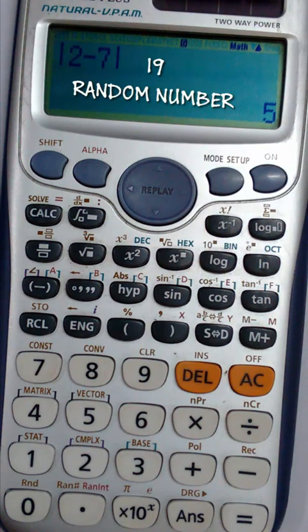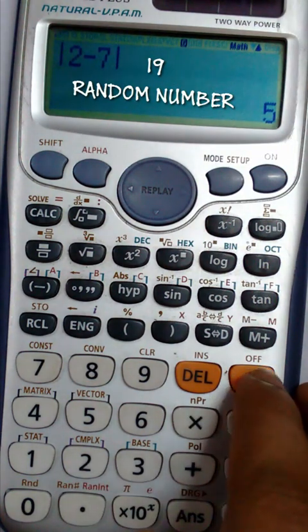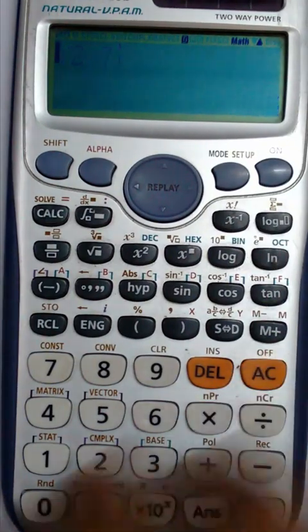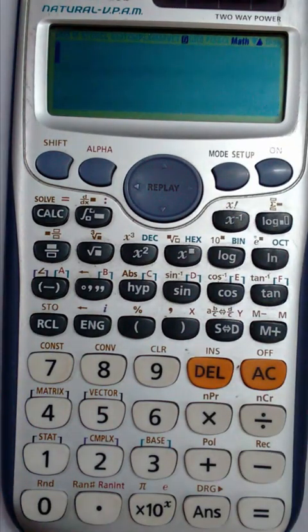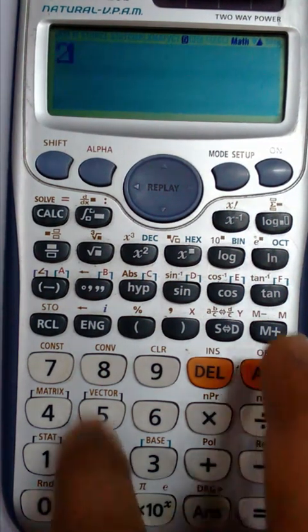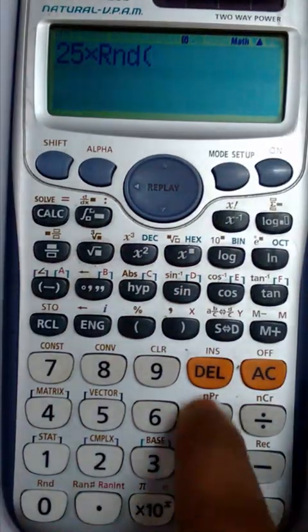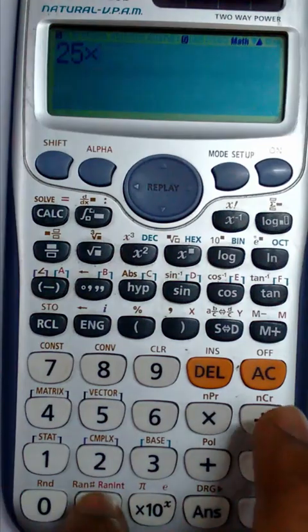Next is, it's not a technique, just for the sake of your information. Here RND is there, which is nothing but a random number function which gives a 3-digit pseudo random number less than 1. Just see here, 25 into shift random, shift random.